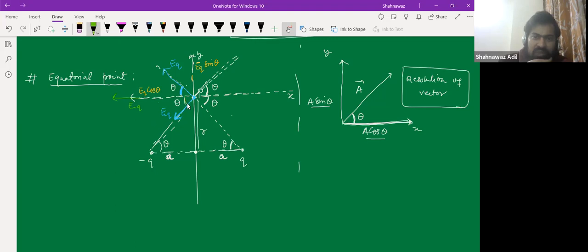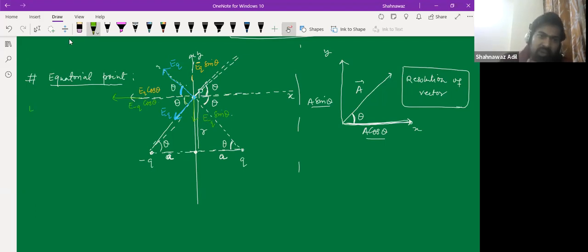So again, this is with theta, so this would be cos theta. And these are the axes, so this would be E minus Q sine theta. And you guys can see that EQ sine theta is this way, E minus Q sine theta is this way. Both are equal in magnitude.